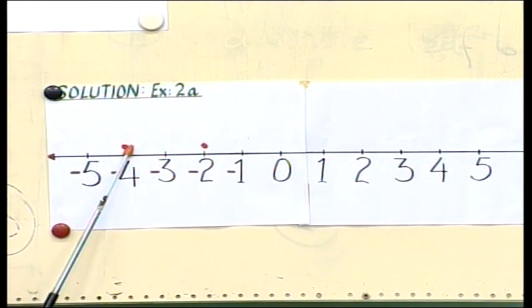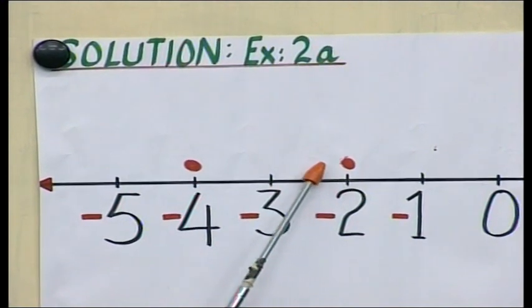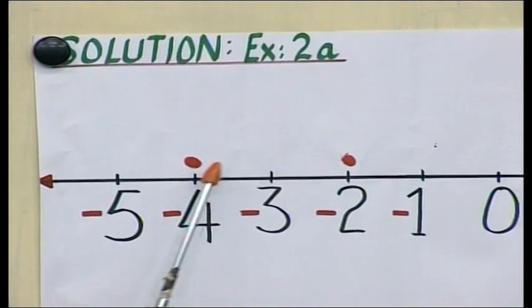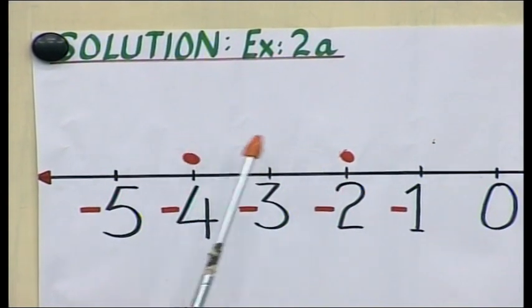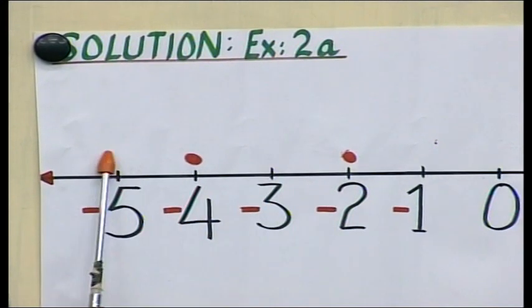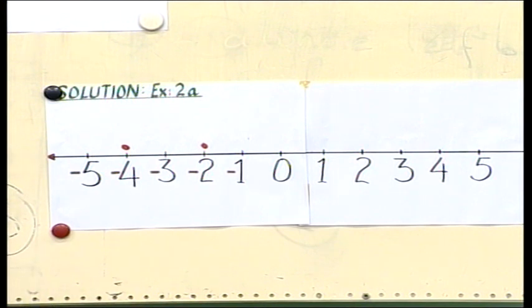You should have negative 4, that is 1 unit away from 3, and negative 2, 1 unit away from 3. So the two numbers on the side should be plotted excluding number 3. This is what you should have plotted on your number line as your answer. So those are the answers to the two activities that I have asked you to complete.